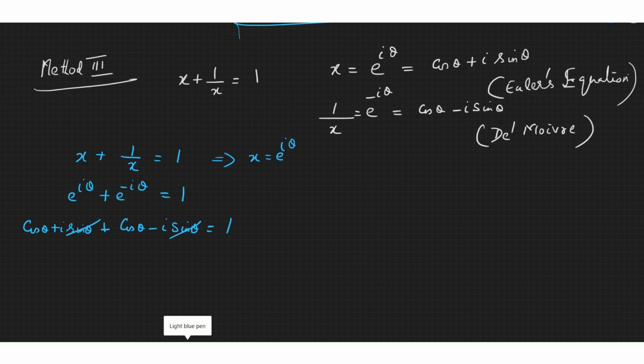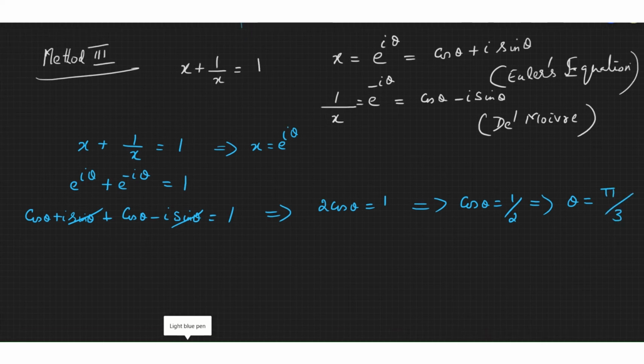So I get 2 cosine theta equal to 1, which tells me cosine theta equal to half, or my theta is pi by 3 radians, 60 degrees.